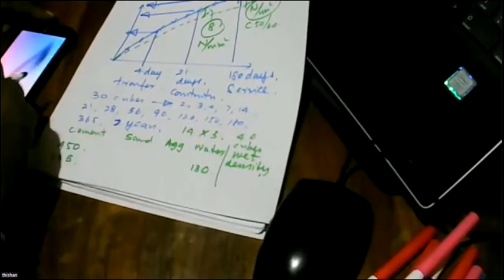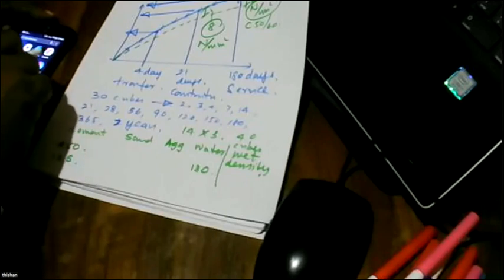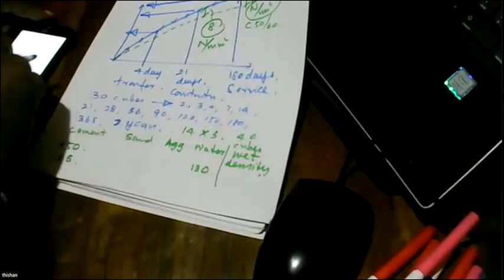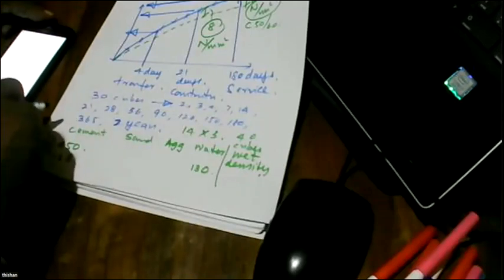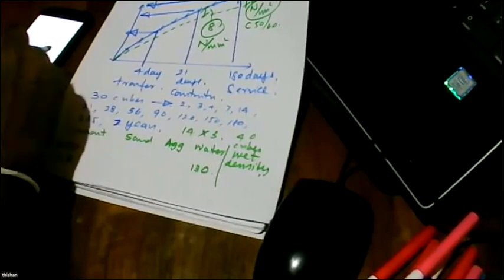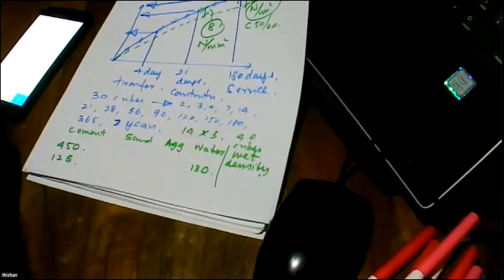We can see, because there's a minimum we can go, 130 divided by 450 plus 125, that is 575.